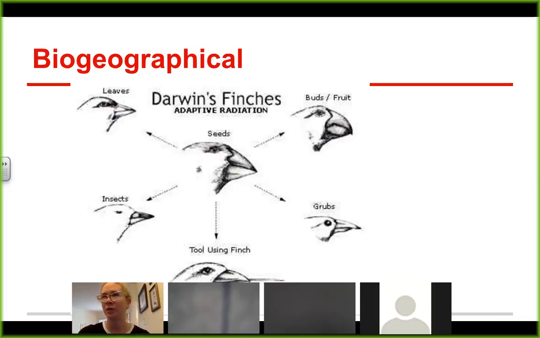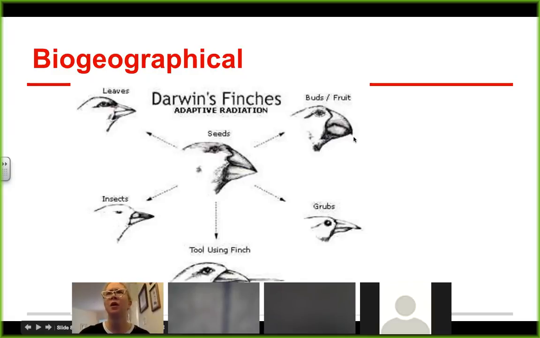Sometimes you have a slight difference. So if a finch was born that was able to eat fruit really easily because it has a curved beak, well, that finch was going to survive and reproduce like crazy because there's a ton of fruit to eat, right? There's a lot of seeds too, but the fact that this one finch could eat something different, didn't have to compete with any other finches, it's going to survive and reproduce, right?